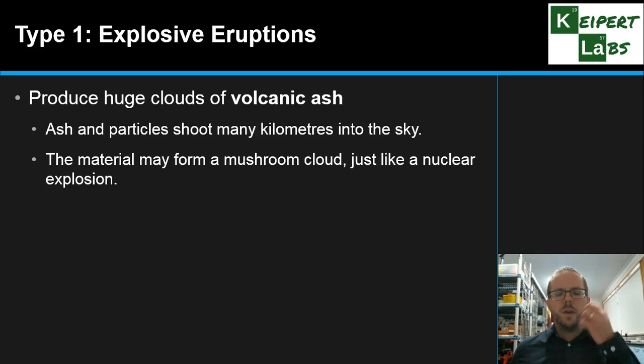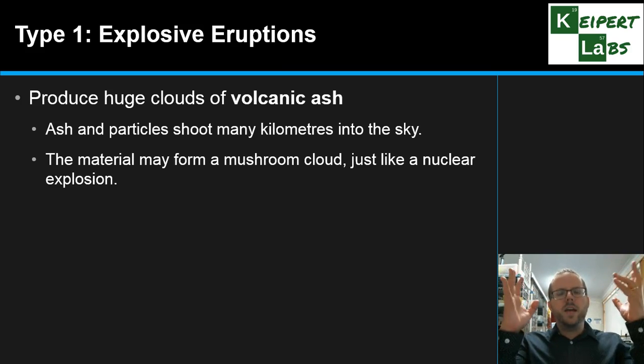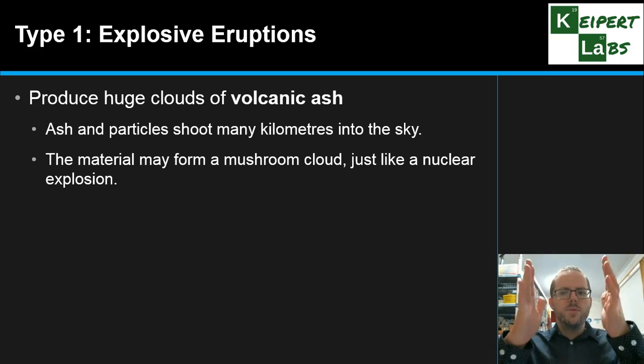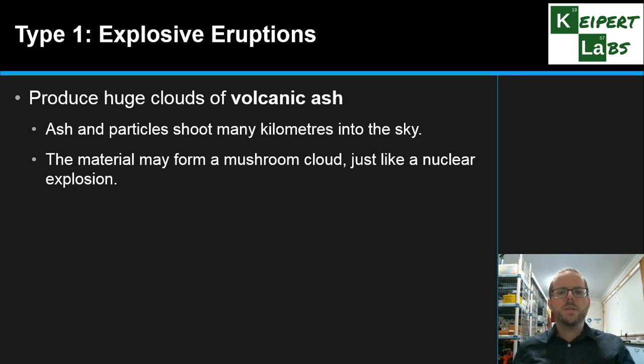Okay, so lots of that rock, because of the explosion, puffs on out, and we get these tiny little fragments of rock that are really small and very light, very low in density, that go many kilometers up into the sky. And so often what we would see would be like a typical mushroom cloud from a nuclear explosion. Because of the low density, because they're so hot, they just keep expanding and keep moving their way further and further up into the atmosphere.